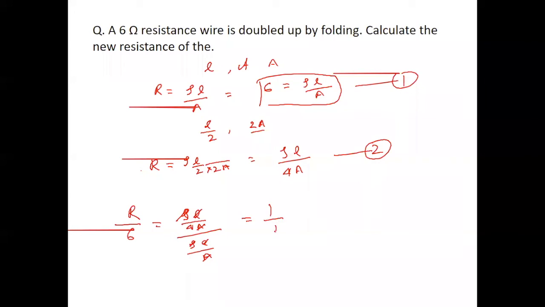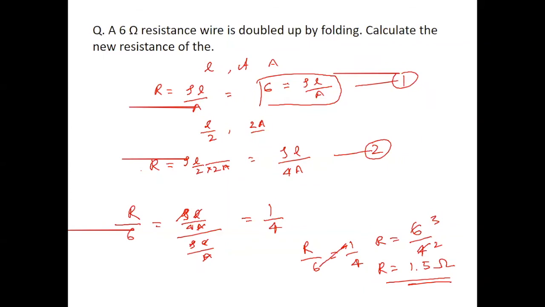So this is 1 by 4. R by 6 equals 1 by 4. So resistance by cross multiplication is 6 by 4, so R is 3 by 2, which is 1.5 ohm. Clear? Now we are clear? Okay.